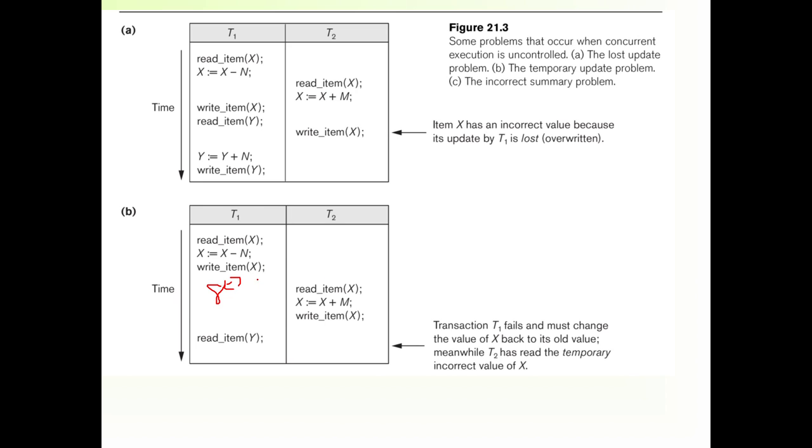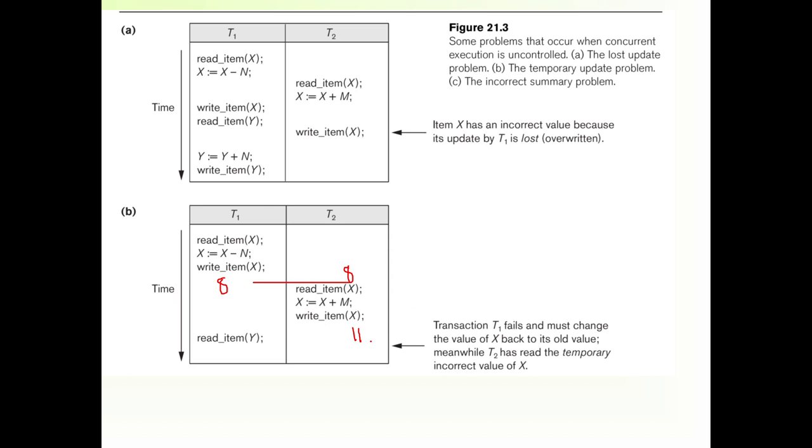Write item x means it is temporarily stored in a buffer, and that buffer value is read by the second transaction as 8. It performed the modification, and after modification it modified the x value as 11 here.